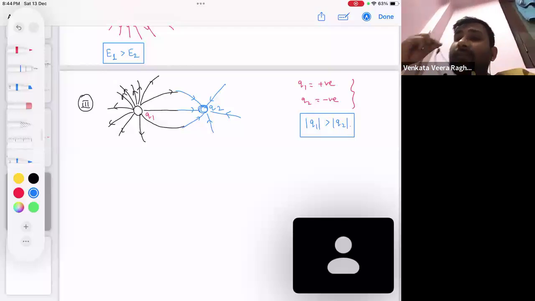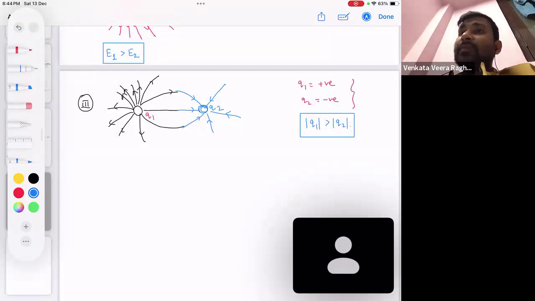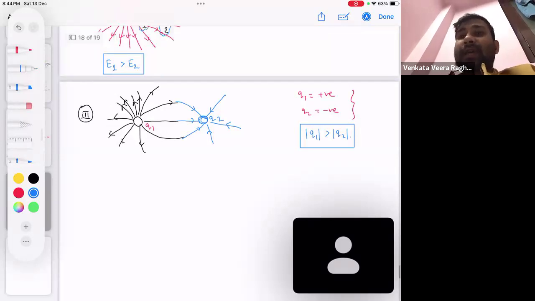So the number of field lines emitted by a charged particle is in proportion to the magnitude of its charge. Understand?